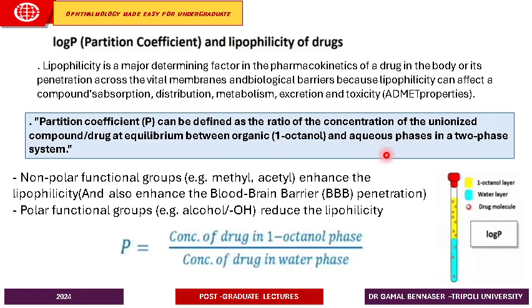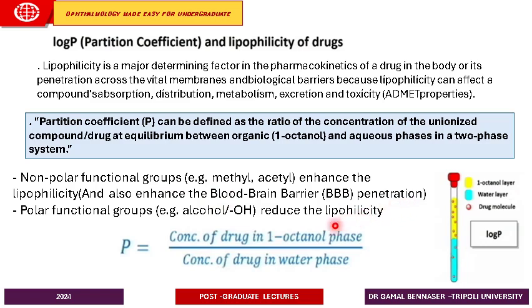Now, there are some factors that can increase the lipophilicity of the drug or increase its affinity for aqueous medium. For example, if we add a methyl group or an acetyl group to any substance, this will enhance the lipophilicity of that substance and increase its penetration, for example, to the cornea as well as to the blood-brain barrier if it is given systemically.